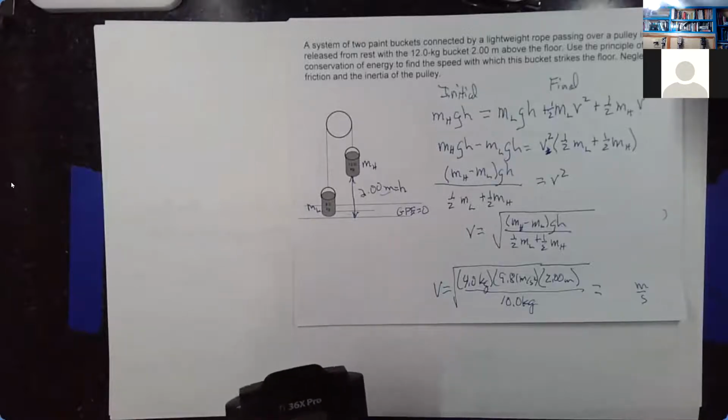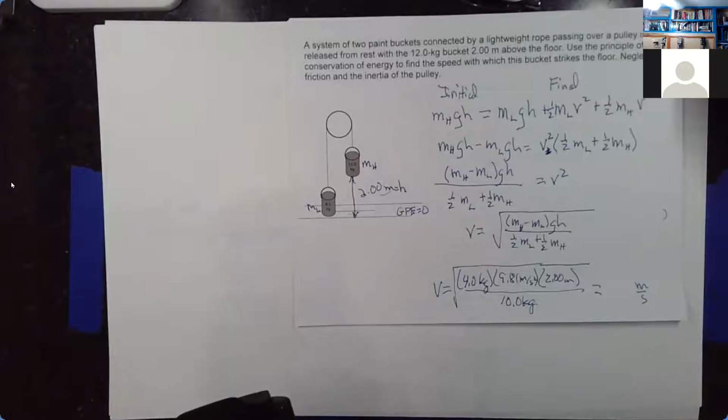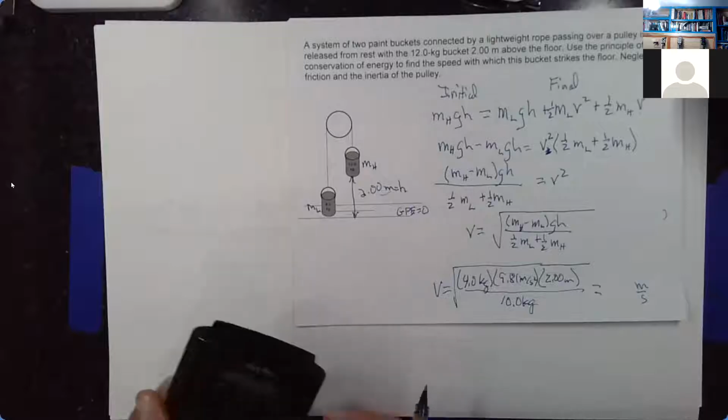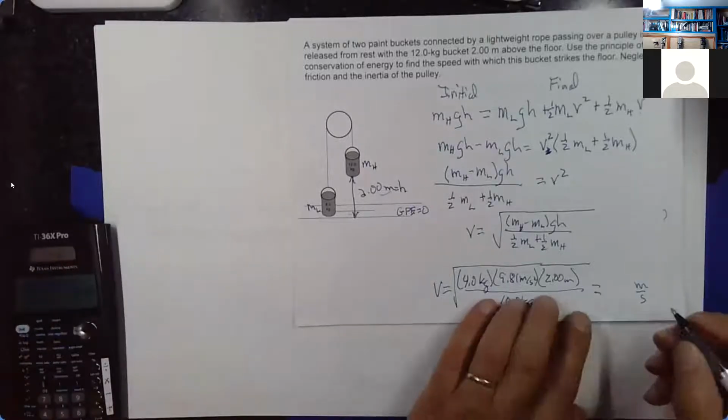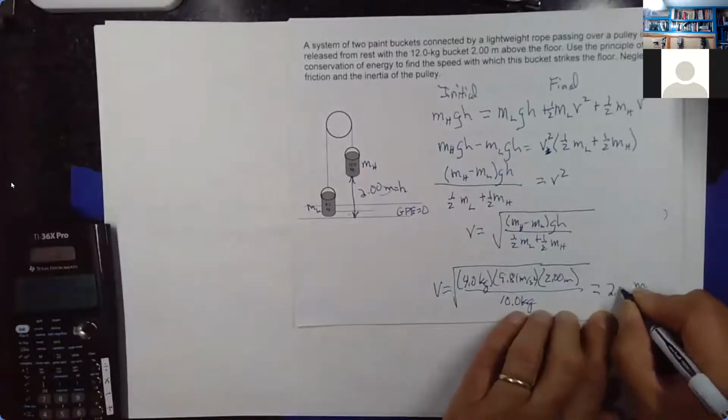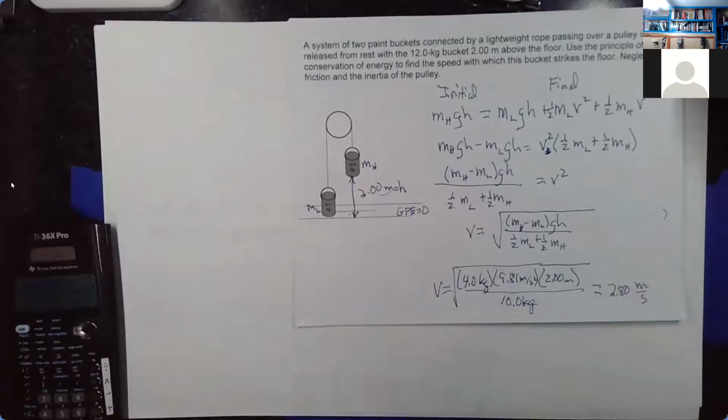I had a syntax error. For some reason, I put in a parenthesis, which I didn't need. Okay, I get 2.80 meters per second for the speed at which that bucket strikes the floor. So I was able to do that.